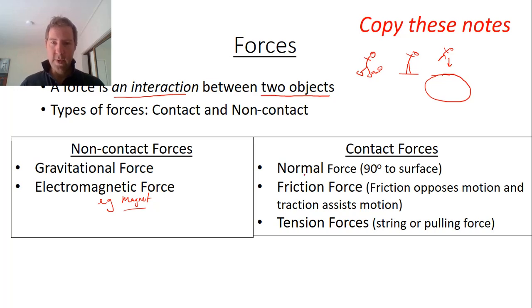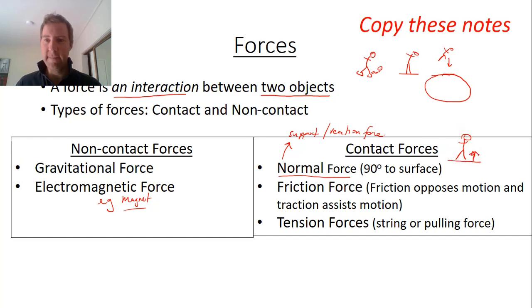Now, the normal force, you might have used to call it support force or reaction force last year. This year, the name I want us to use is normal force. In science, normal means 90 degrees to a surface. So when I'm standing on this surface, the normal force is 90 degrees.